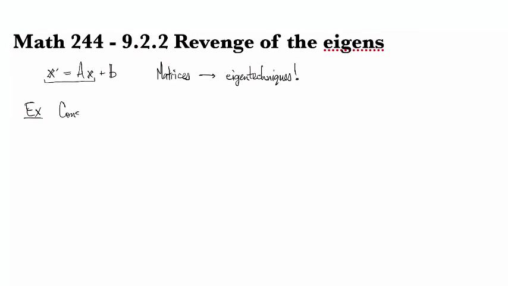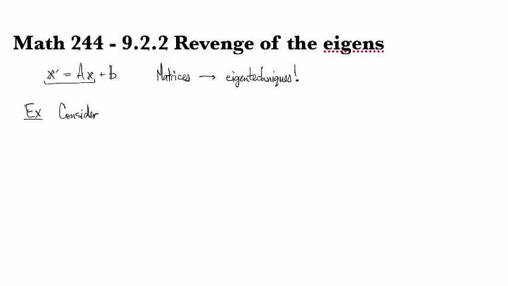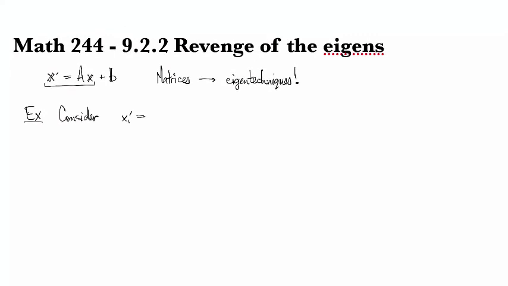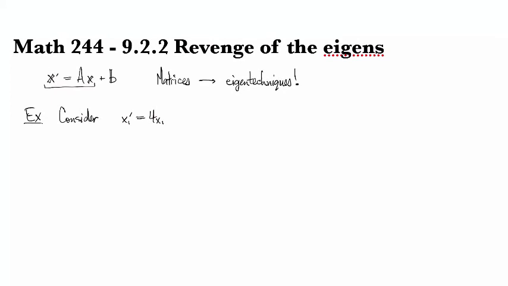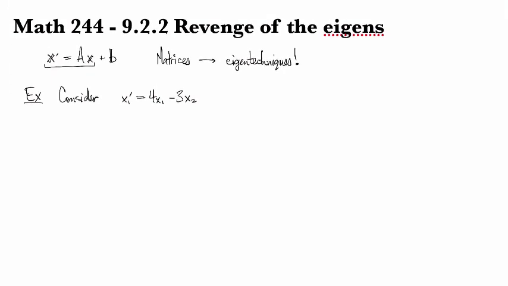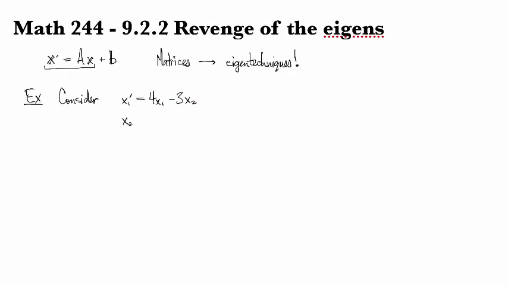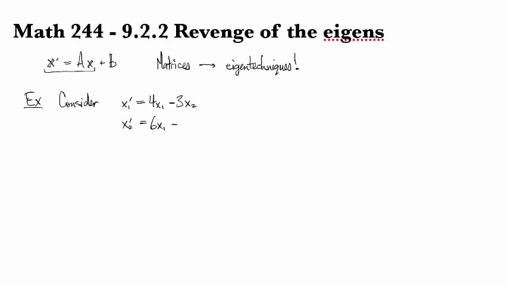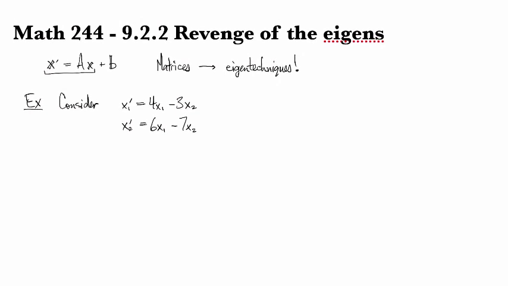So we will consider the system x1 prime equals 4x1 minus 3x2 and x2 prime equals 6x1 minus 7x2.